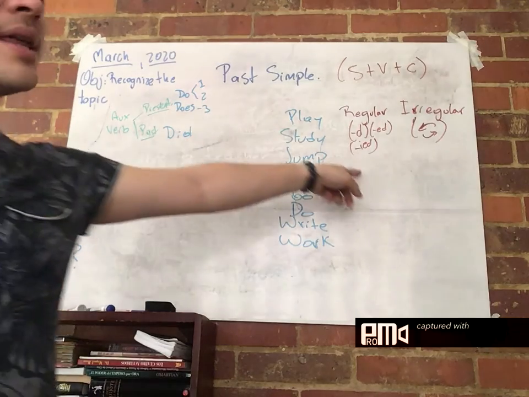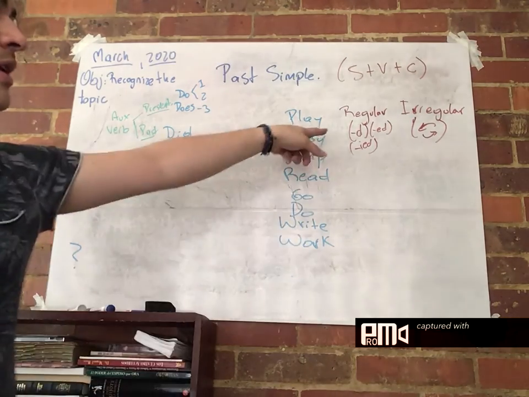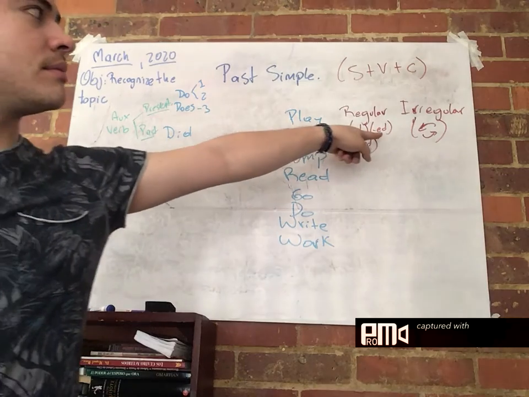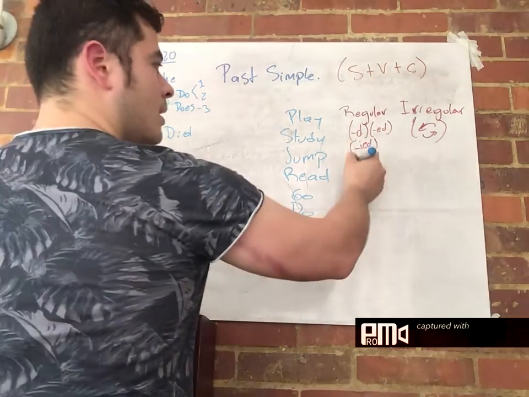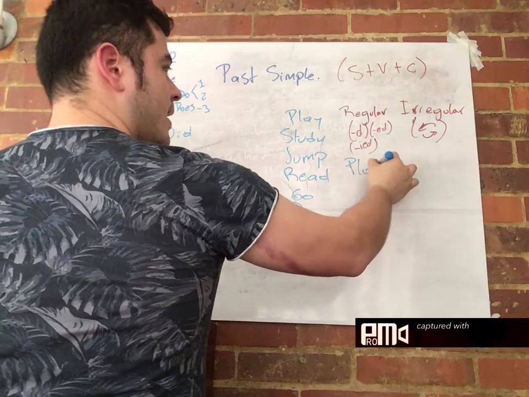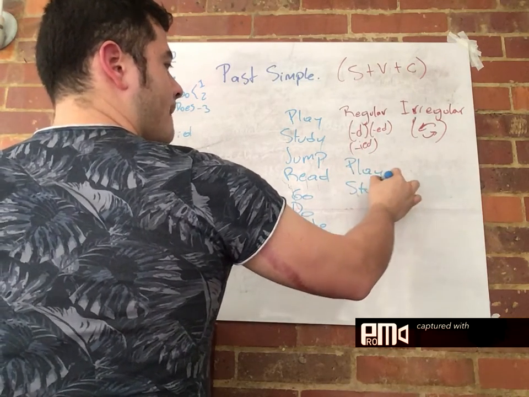Now, what are the regular and irregular verbs? The regular verbs are the ones that finish in d, ed, or ied. For example, we use play and study.